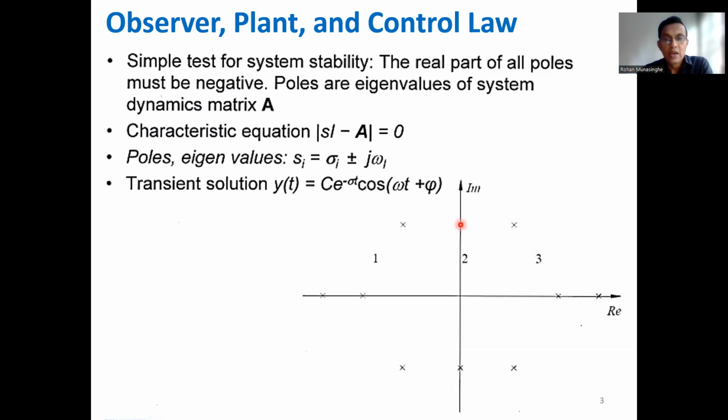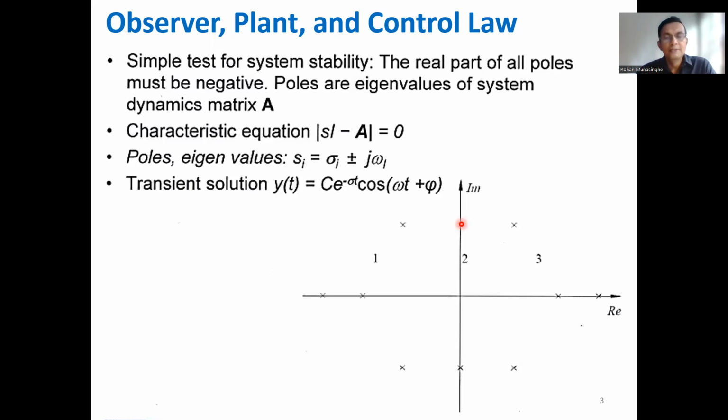And if the poles have 0 real parts, then the system is marginally stable. Oscillatory, but the oscillations neither grow nor decay over time. They maintain the same amplitude.